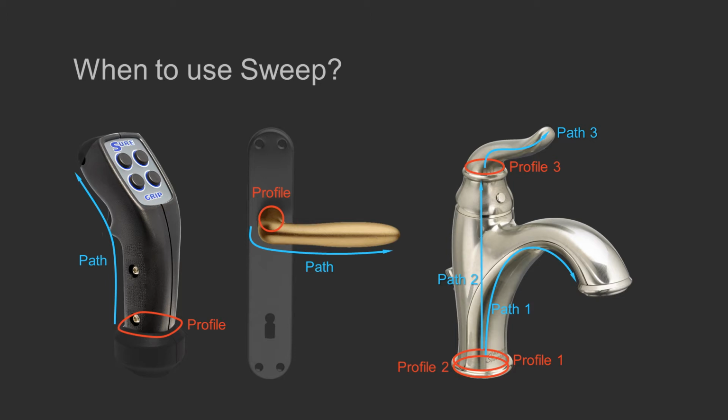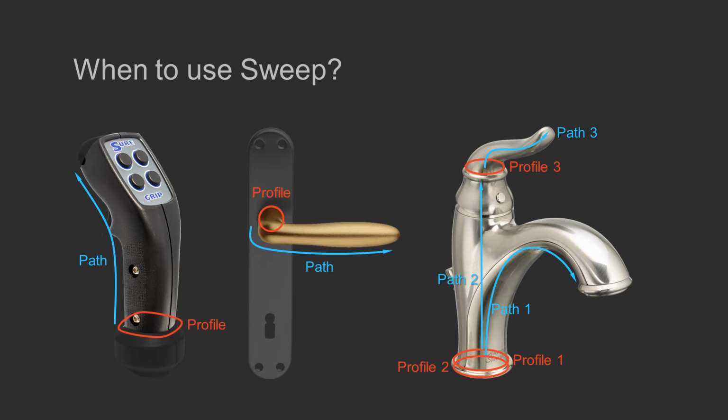The handle on the door in the middle example is just a circular profile that's swept along a path, and then guide curves are used to bring it down to a point at the end of the handle and terminate it.